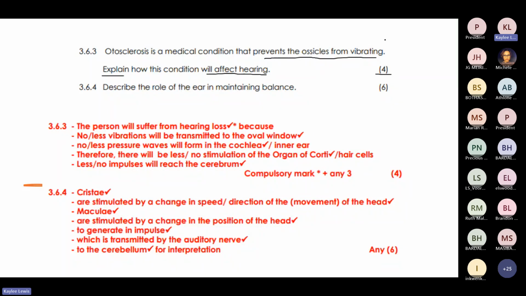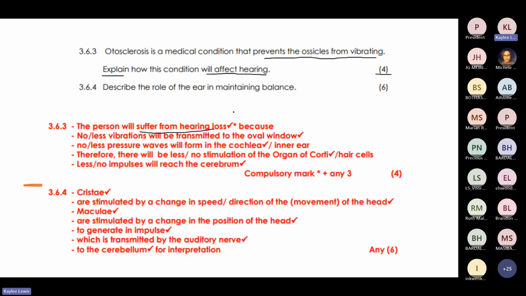So how does the ossicles not vibrating affect hearing? So you have to make sure you are answering that question. Will your hearing be improved? Will it worsen? Will they not be able to hear? And why? Cause and effect. That is how you have to answer it. So let's look at the memo answer. So firstly, the person will suffer from hearing loss.